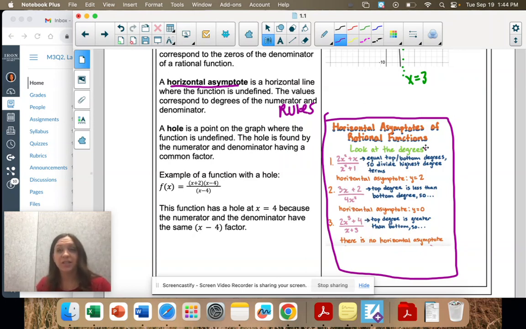And degree is, look at the exponent. That's what degree means. Okay, so if the exponent is the same, you look at the coefficients. If the exponent on the bottom is more, the asymptote's y equals 0. If the exponent on the top is greater, then there's not even a horizontal asymptote.